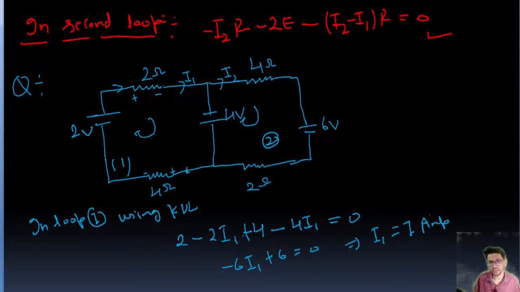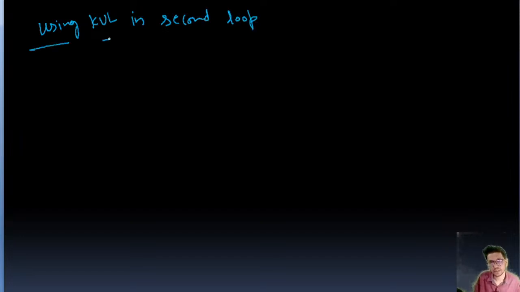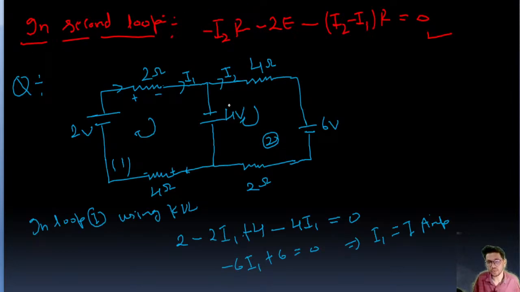Now we'll use KVL in the second loop. Again the direction of current, this is plus minus.